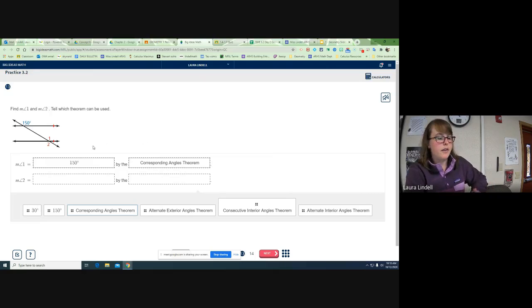Okay. Then angle 2. Well, angle 2 and 150. Or we can also go angle 1 and angle 2 even. Angle 1 and angle 2 are vertical angles, so they're going to be the same. But you can also go, okay, angle 2 and 150 degrees, what kind of angle relationship do they have?